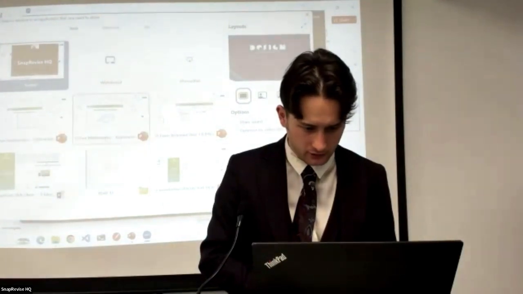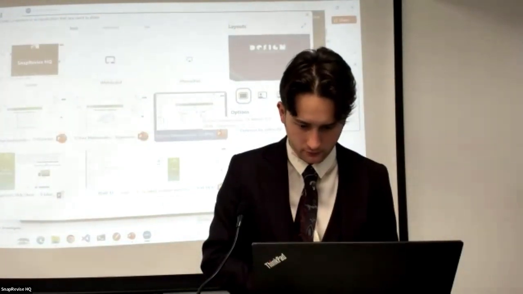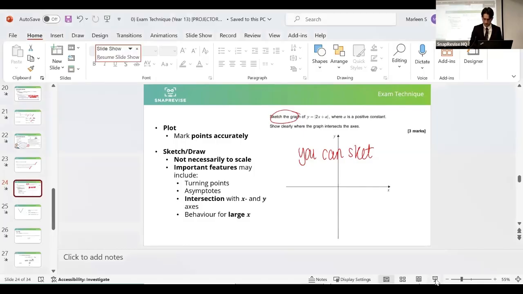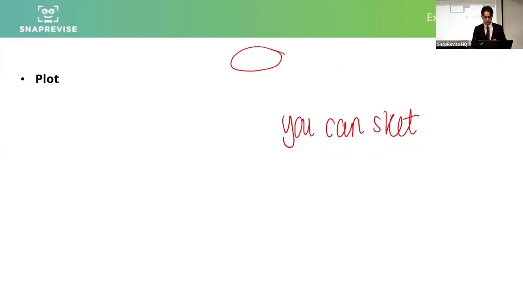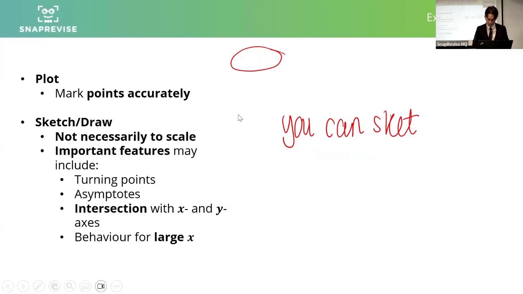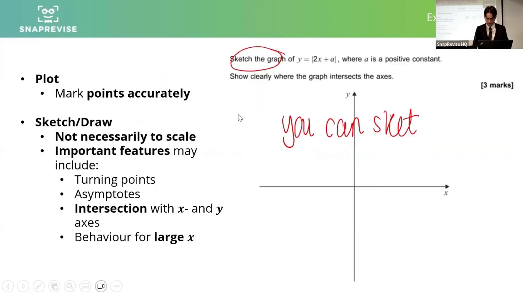So let me just resume sharing screen. And we'll try and do this together. So something very odd is happening with the pen.